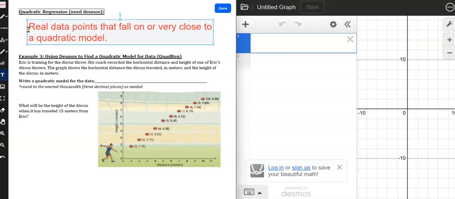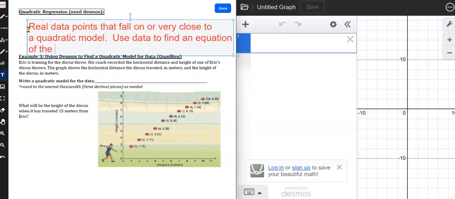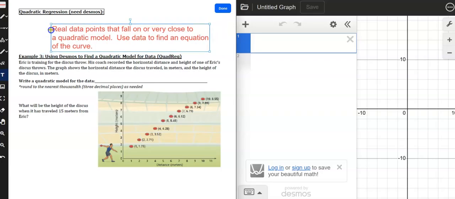In other words, we're using data to find an equation. Use data to find an equation of the curve. Not always perfect, but it gives us a good idea.